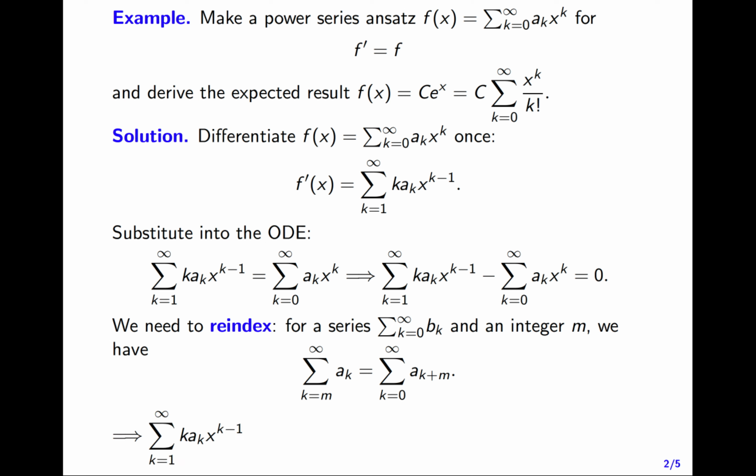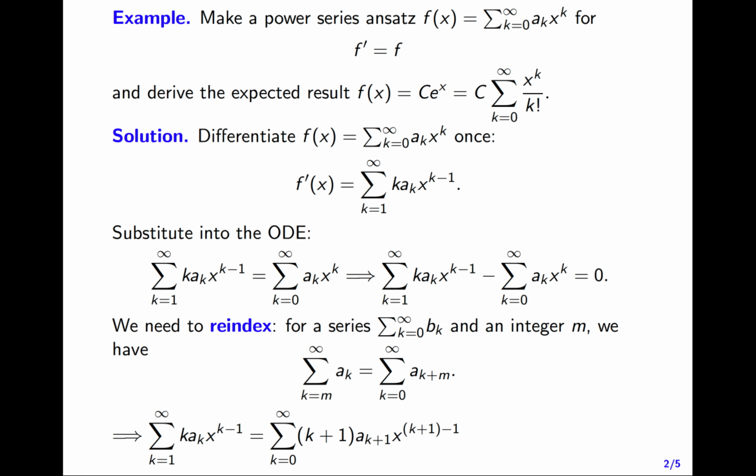And specifically, we'll look at our sum from k equals 1 to infinity of k times ak times x to the k minus 1. That starts at the starting index k equals 1, and we're going to bring that down to starting at k equals 0 by rewriting this now as the sum from k equals 0 to infinity of k plus 1 times a(k plus 1) times x to the (k plus 1) minus 1.